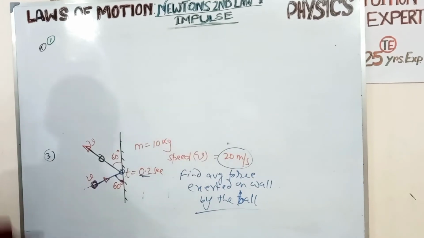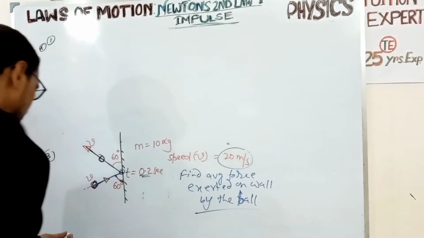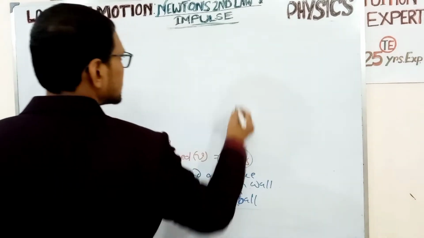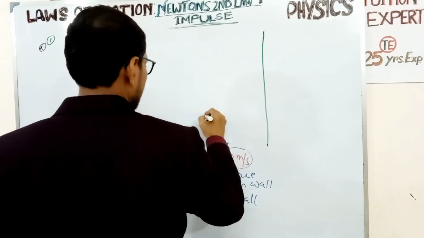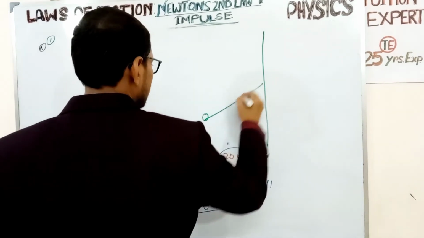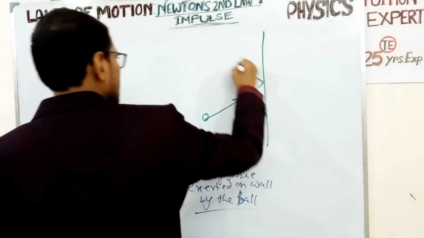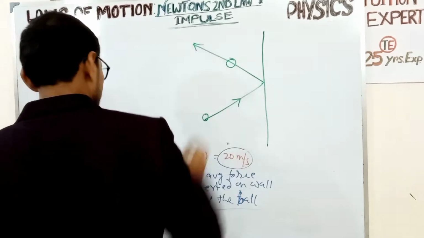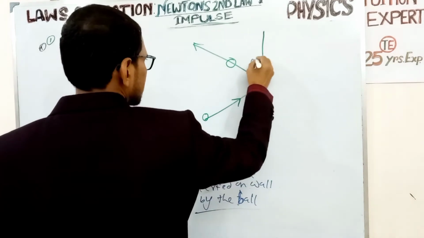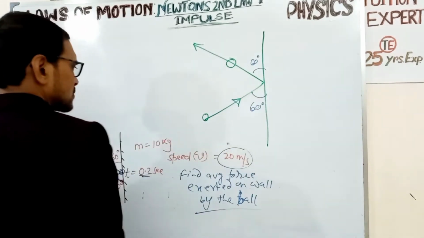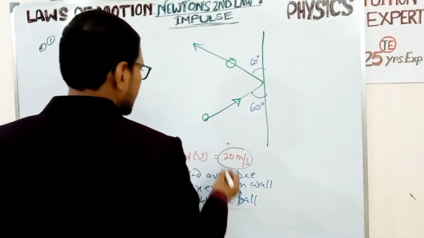I draw the problem once again. Suppose this is a vertical wall and the ball strikes here and rebounds this way. So this angle is 60 degrees. Now mass is given.